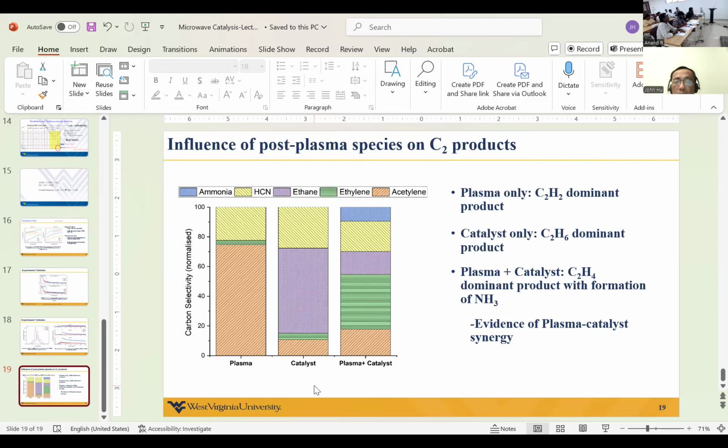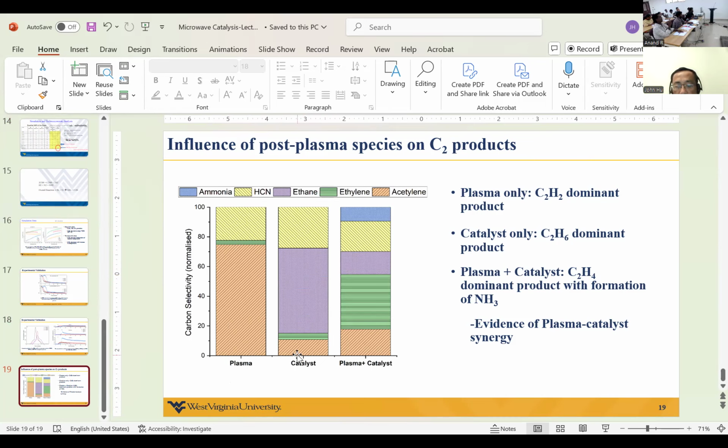This data really shows the microwave plasma. If you look at the microwave plasma without catalyst, we produce a lot of acetylene. Keep in mind, what we want is ethylene. So we produce a lot of acetylene, and we also produce HCN and the blue ethylene, but you don't see the ammonia. When we run the catalyst only, thermal, not microwave, we do not see the hydrogen.